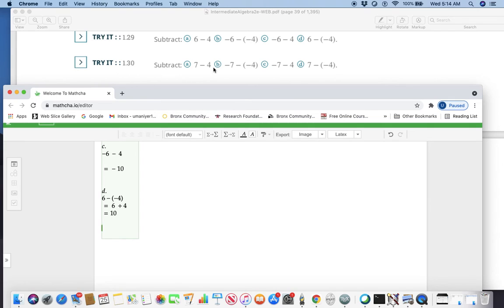Again, the next set of problems. 7 minus 4. Well, 7 minus 4. From 7, take away 4. You have 3. Next, negative 7 minus negative 4.